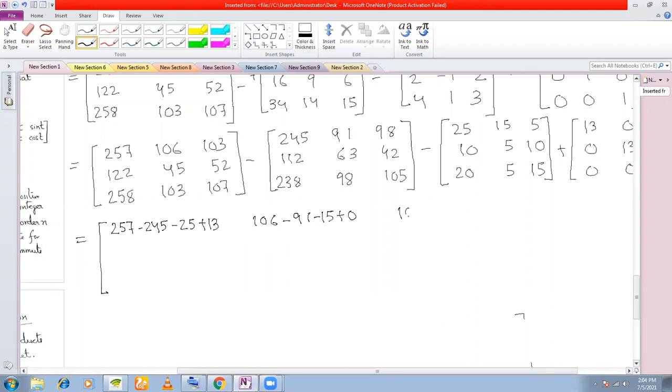And here you have 103 minus 98 minus 5 plus 0. Here you have 122 minus 112 minus 10 plus 0. Here you have 45 minus 63 minus 5 plus 13. And here you have 52 minus 42 minus 10 plus 0.